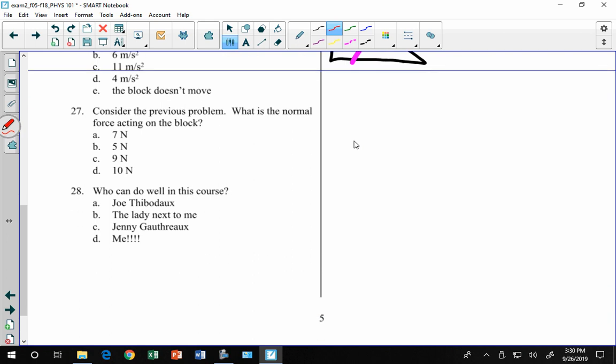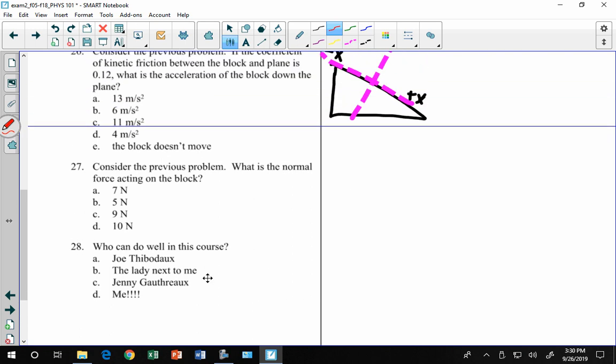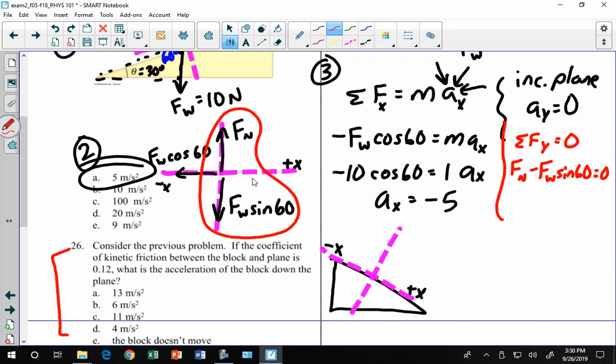Let's look, here were some other questions. Like if in the previous problem, good example of an exam question. Here's friction involved, and here's my normal force. Exam question, well, I'll break the question up into several different parts, and I'll ask questions a lot like this. What if I wanted to find the normal force acting on the block? If I wanted to do that, I would come up here. Look, I have an equation that I wrote from Newton's second law that can tell me exactly what the normal force is.